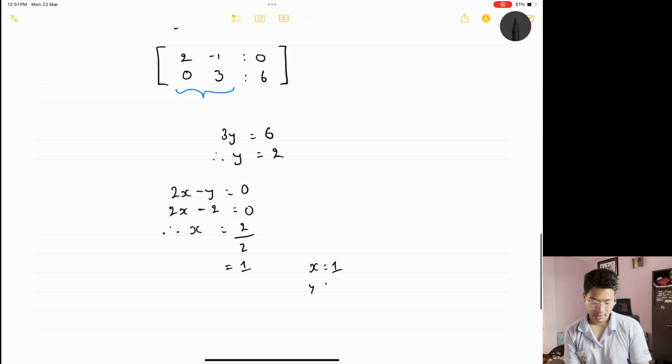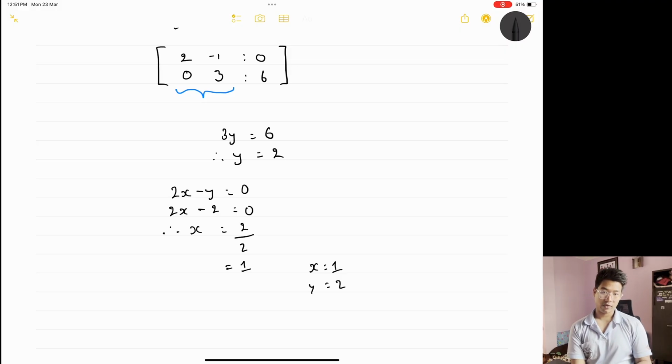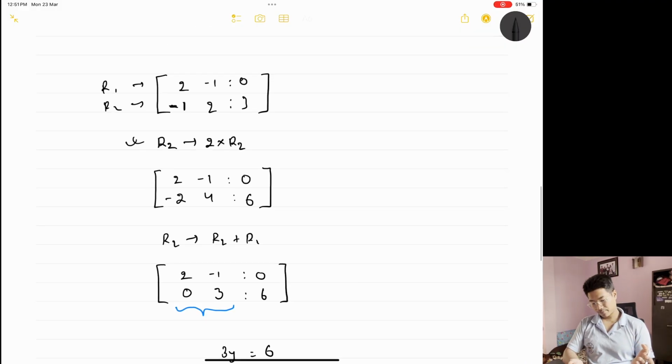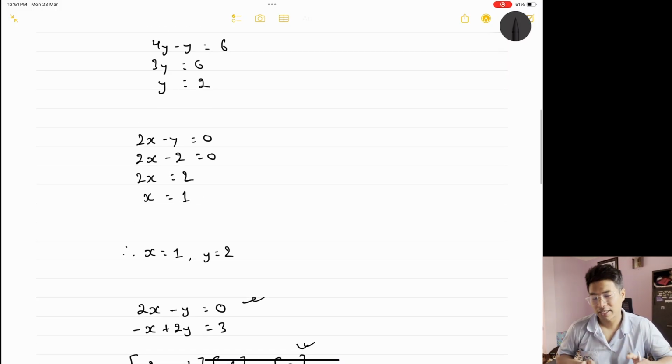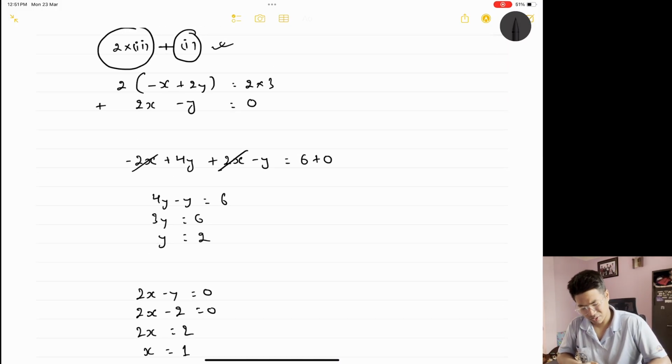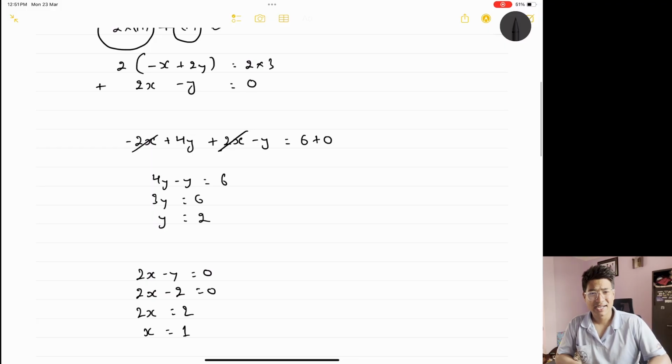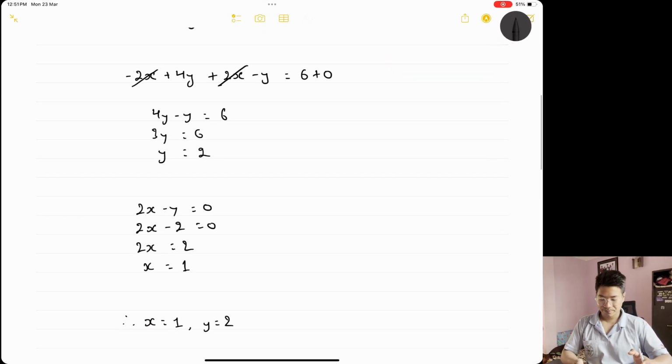And that is how you solve it in matrix form. Now, if you look at this matrix form, it is much cleaner than thinking about these weird equations, right? And that is basically why we use the matrix form.